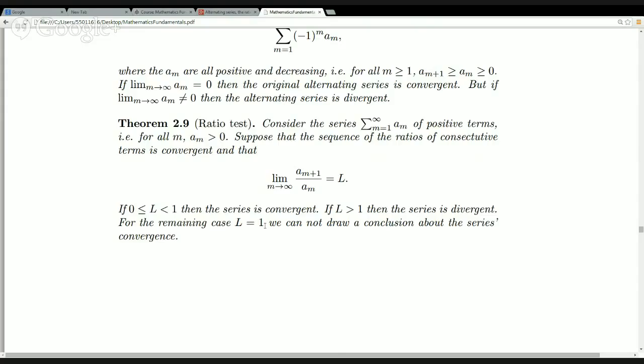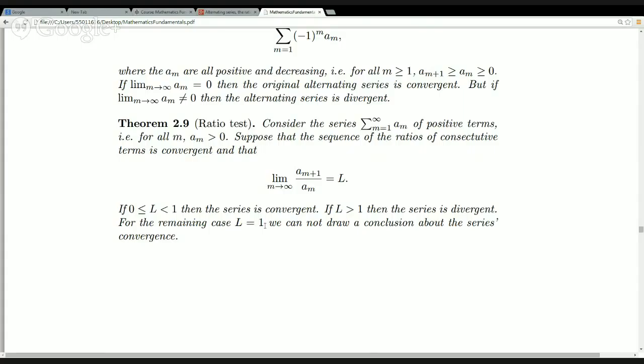This L quantity was referred to as r when we looked at the geometric series. But the geometric series is one where each term is given as exactly r times the previous term. So each new term you get by multiplying the previous term by r.